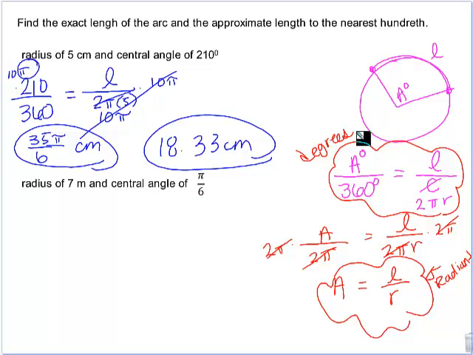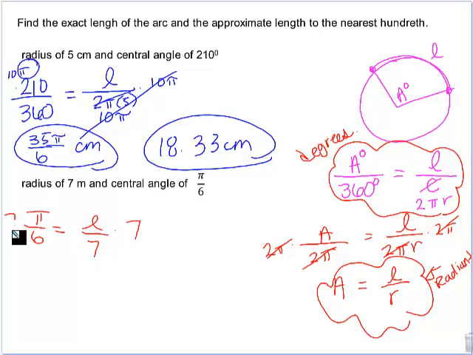So how are we going to set this up so we can find the exact length and to the nearest hundredth? We have a radius of 7 meters and a central angle of pi over 6. Yeah, pi over 6 would be our angle, so pi over 6 is equal to arc length over 7. How would you solve for arc length?